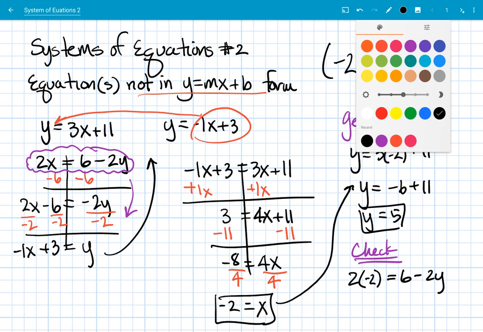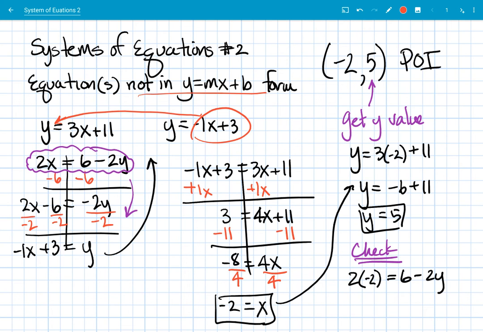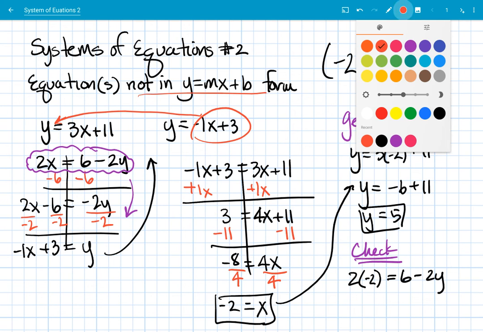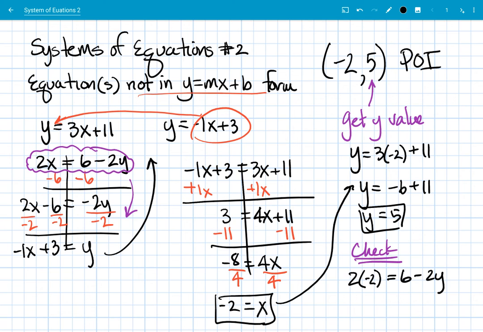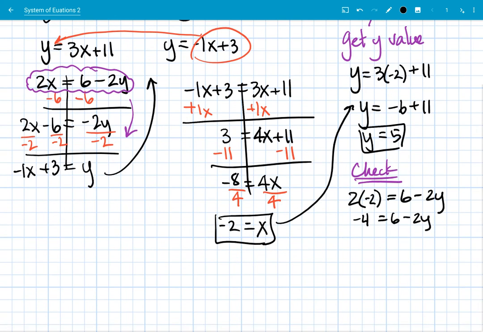And we're going to use that to figure out what the y value would be. So let's see, this is going to be a negative 4 equals 6 minus 2y. I'm going to have to give myself some more room here.